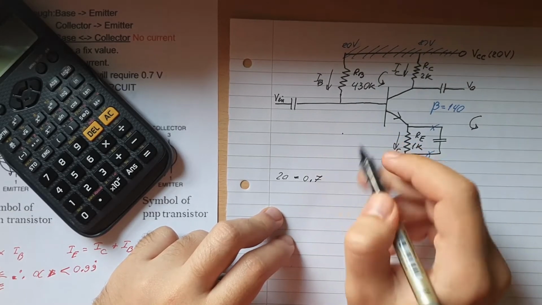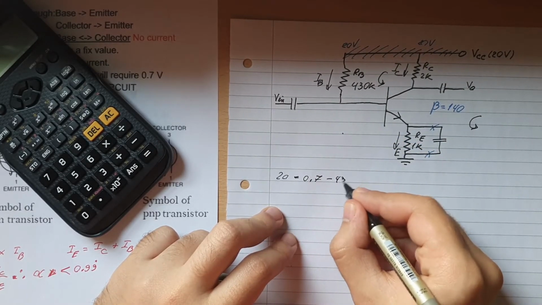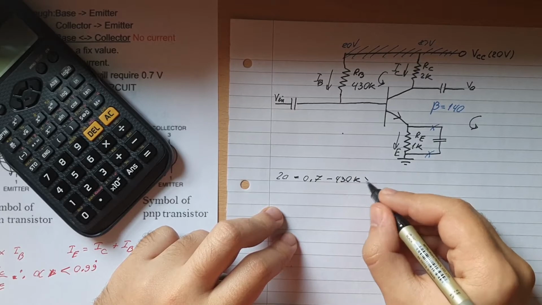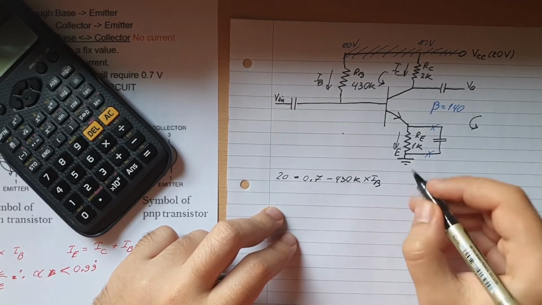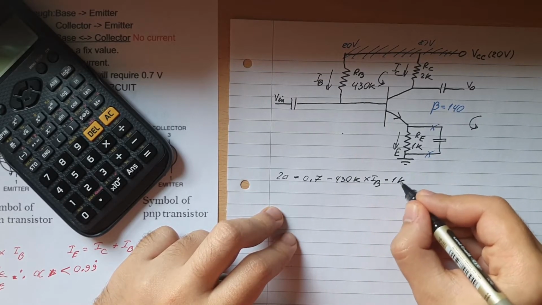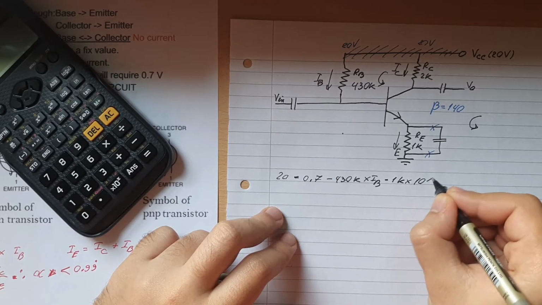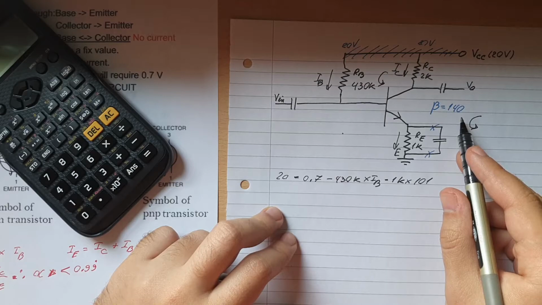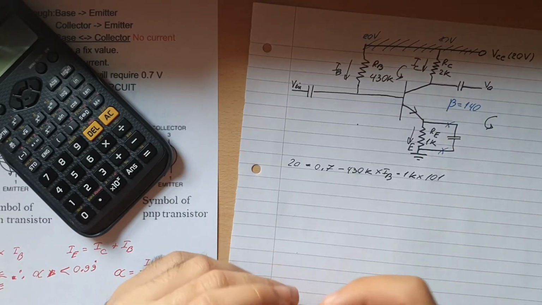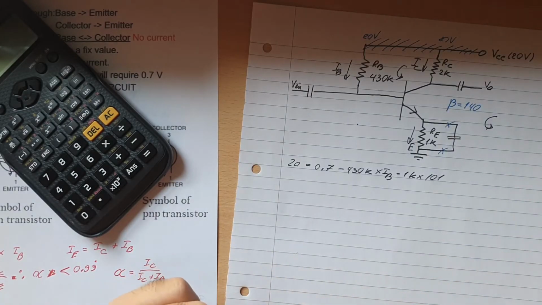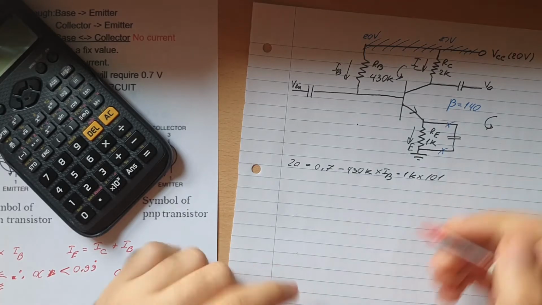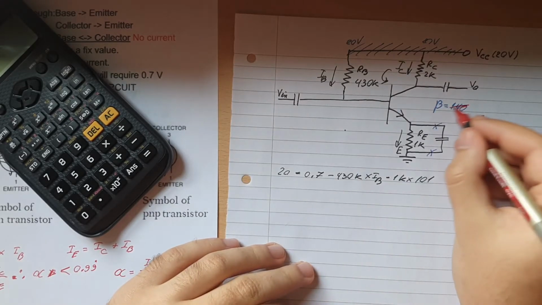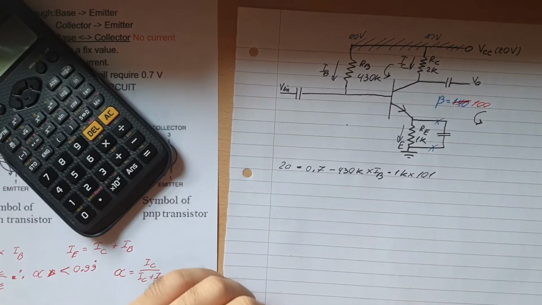We got this IB here, so that'll be minus 40k times IB, and then minus 1k times 101 IB, because we got the gain of, oh sorry, I wrote it wrong here, sorry about that. It's not 140, it's supposed to be 100. Okay, that makes sense. 100 IB.